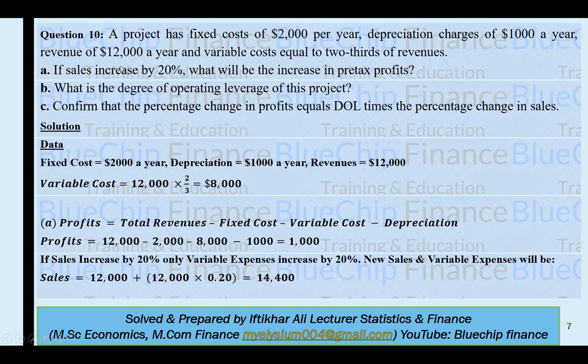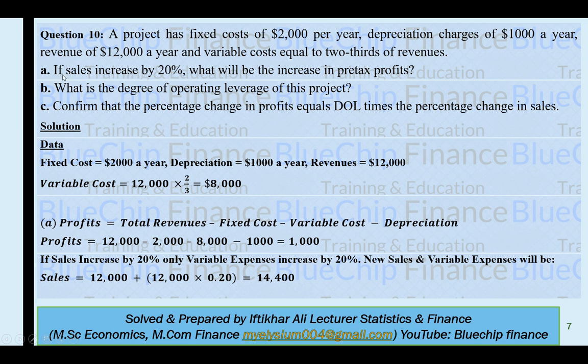Another way to look at degree of operating leverage: a project has fixed cost of 2,000 per year, depreciation charges of $1,000 a year, a revenue of 12,000 a year, and variable cost equal to 2/3 of revenues.